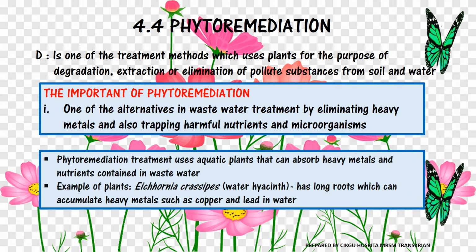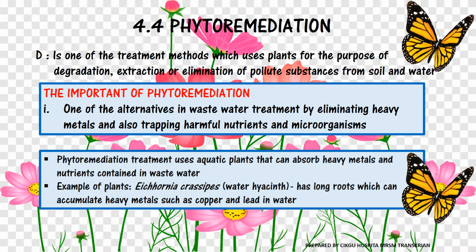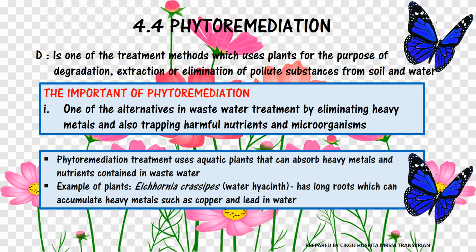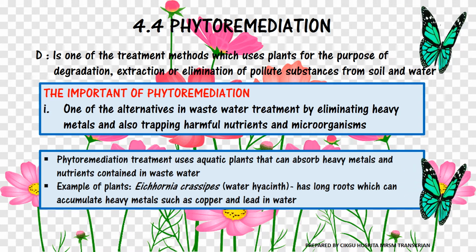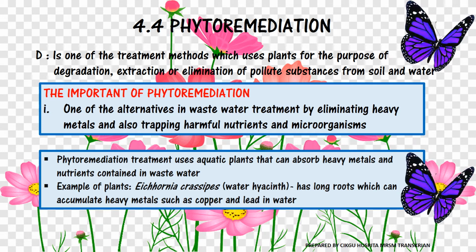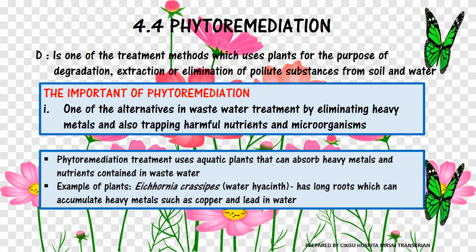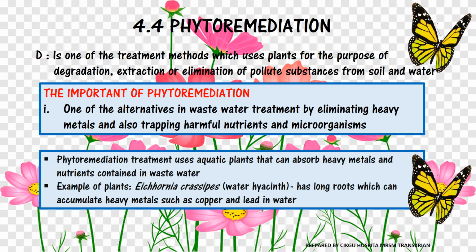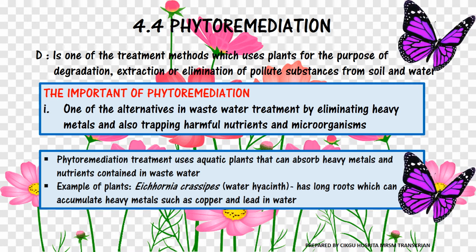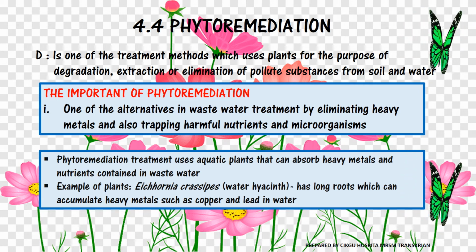It is very important because it is an alternative in wastewater treatment by eliminating heavy metals and also trapping harmful nutrients and microorganisms. So plants are important not only to produce food for us but also to give treatment, such as water treatment.